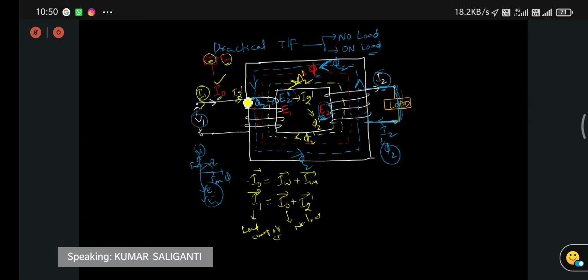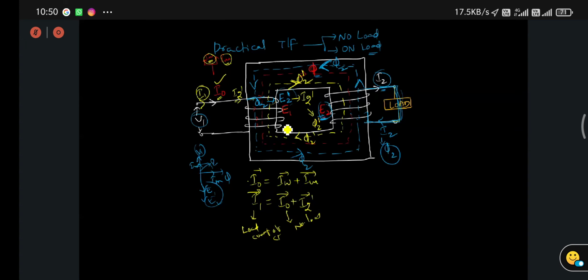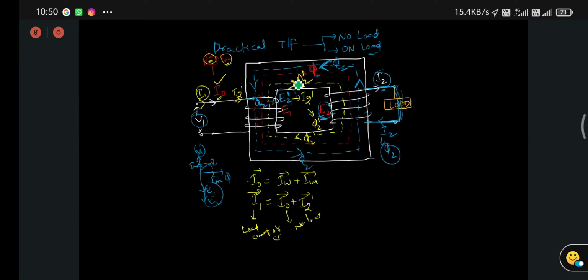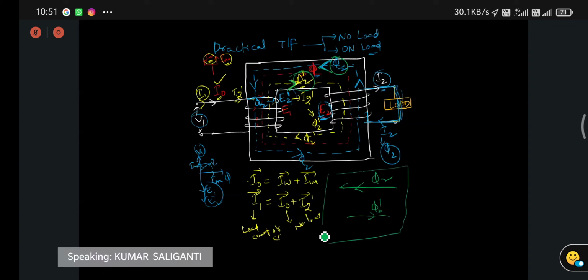So this I2 dash produces the pi 2 dash, and the pi 2 dash direction is like that here. Now we can observe, I will go with another color. This is the pi 2 dash direction, and this is the pi 2 direction here. This is the core.